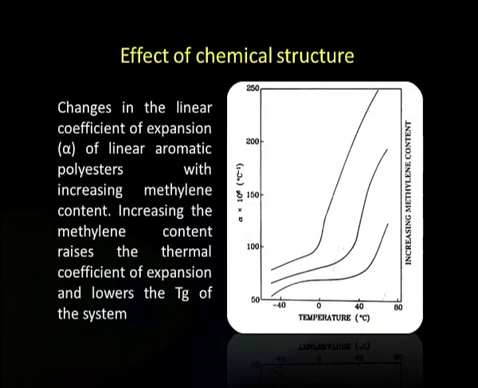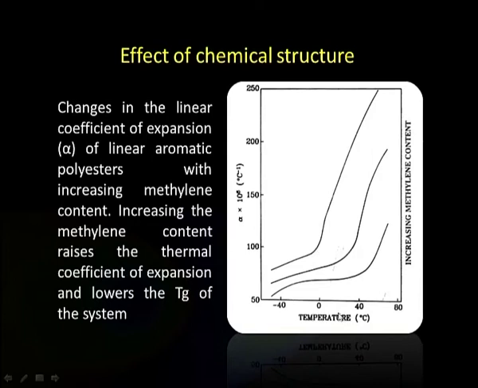Now, here we see the effect of chemical structure. Changes in the linear coefficient of expansion alpha of linear aromatic polyesters with increasing the methylene content raises the thermal coefficient of expansion and lowers the Tg of the system.